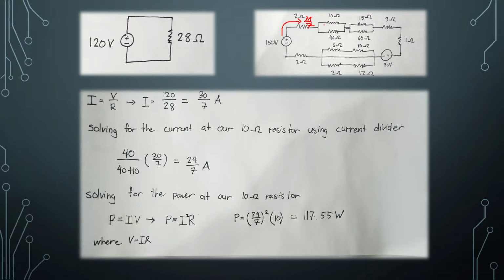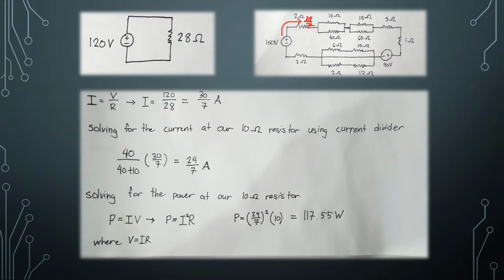Now, when it arrives here, it becomes parallel, and so our current does not stay the same anymore. So we use current divider to find the current which goes into our 10 ohm resistor.